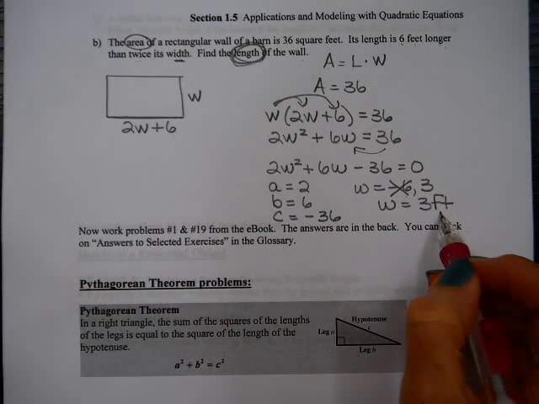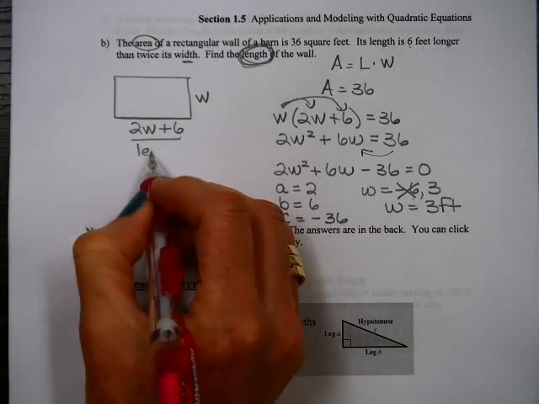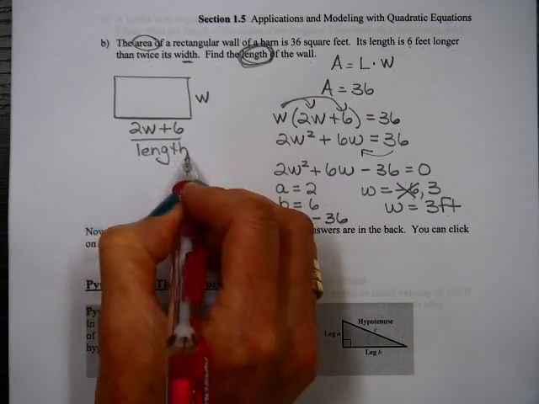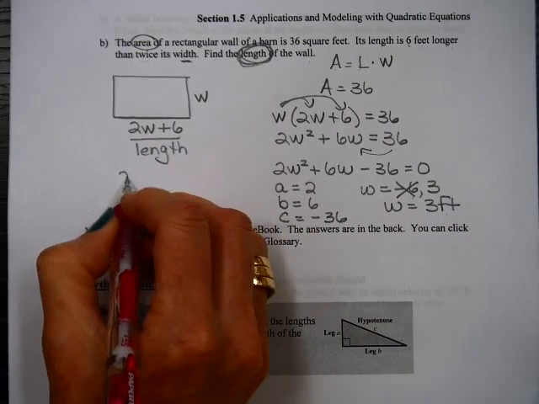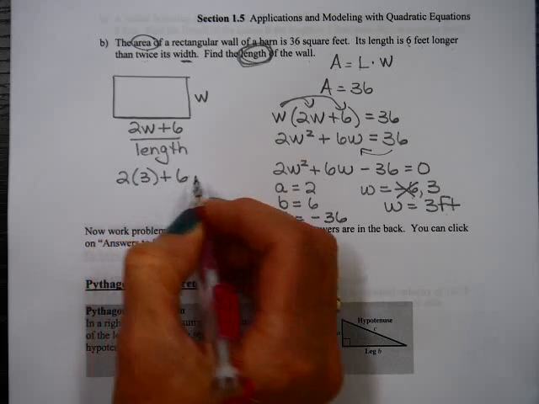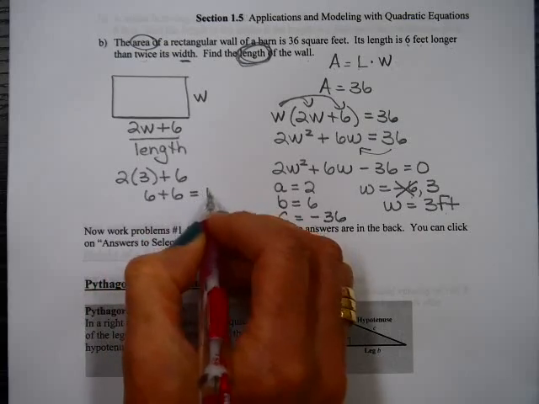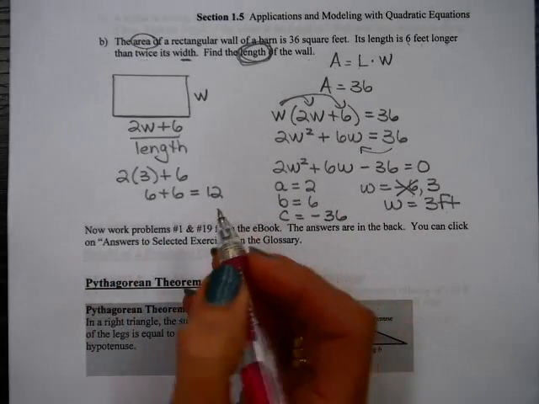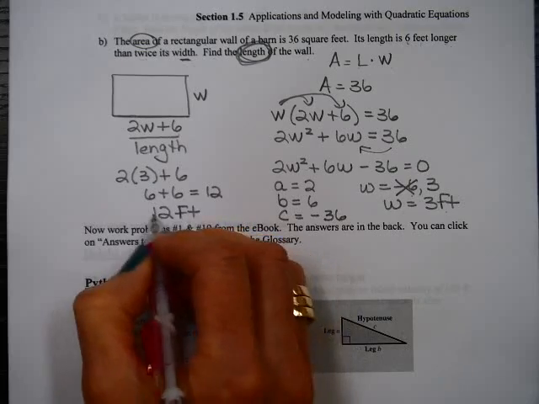So how do we find the length? We know that this is the length, and W is 3. So our length is going to be 2 times 3 plus 6. That's going to be 6 plus 6, which is 12. So our answer is that the length is 12 feet.